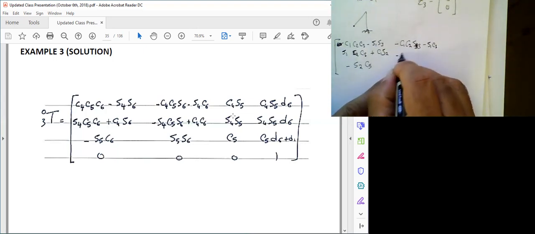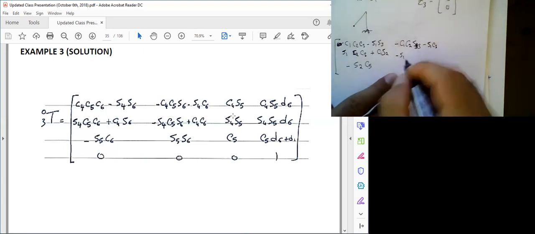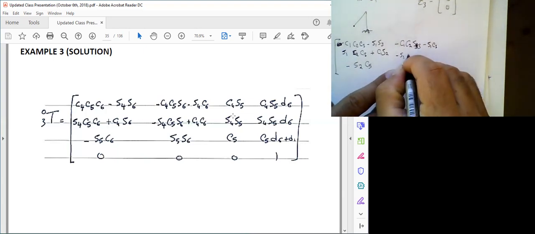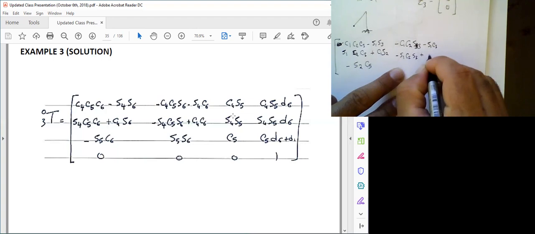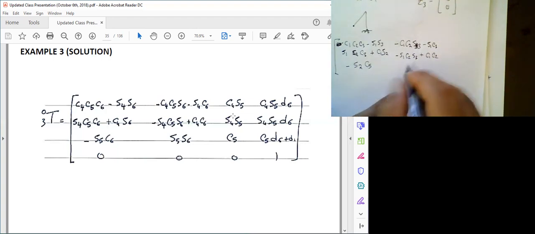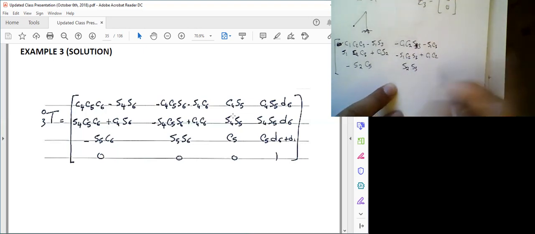And then I'm going to have minus S1. Minus S1. I have here what? C2, right? And then I have S3 plus I have C1 and then C2. Okay, here I have S5, which is going to be equivalent to S2 and then S3.